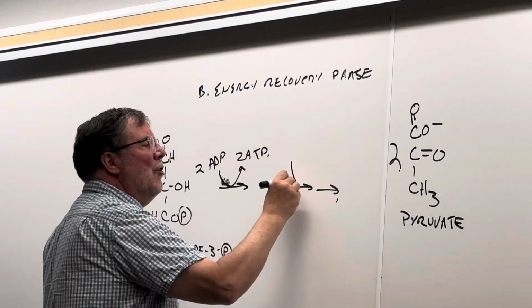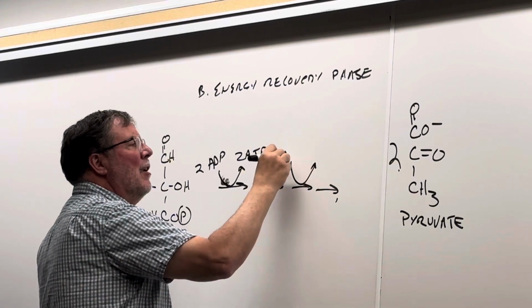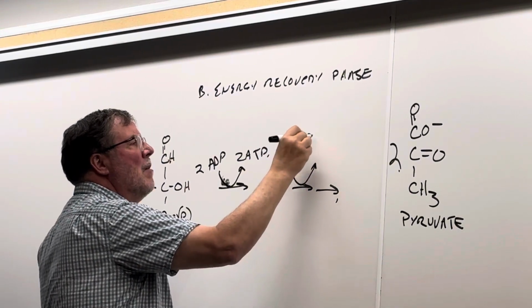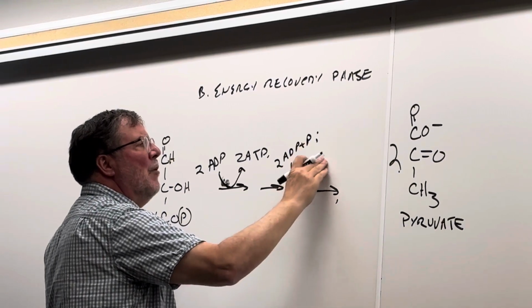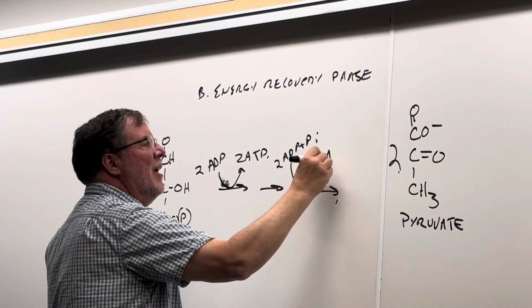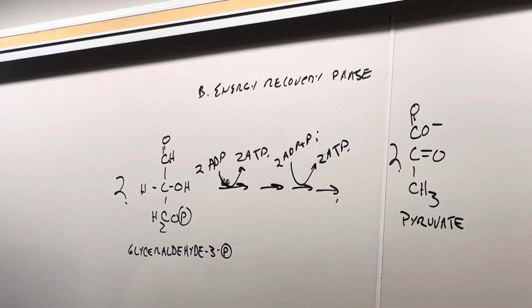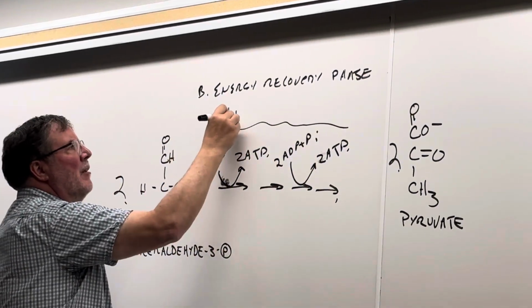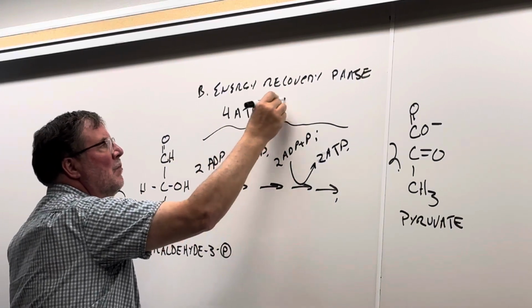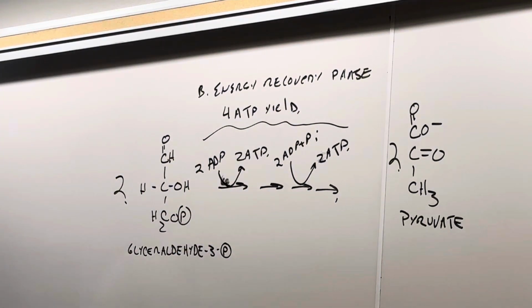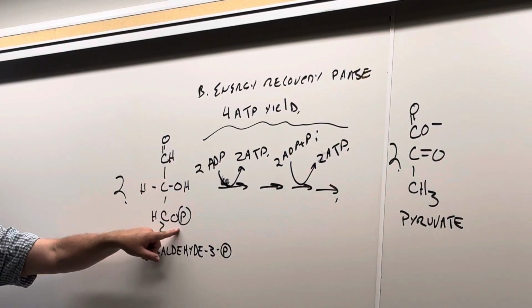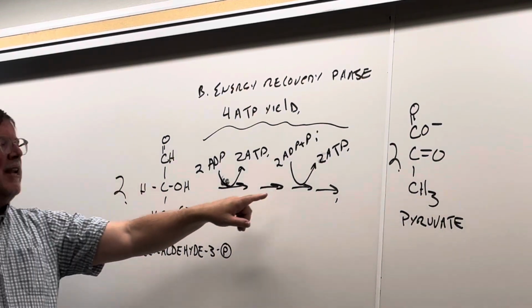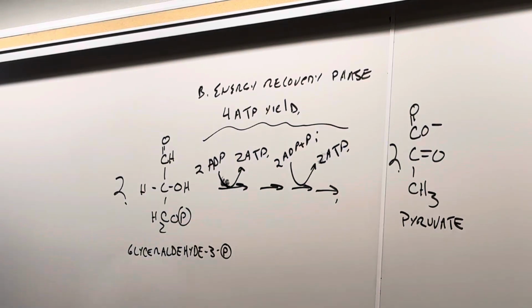The other thing is we're going to use the energy to make another 2 ADP plus Pi to ATP, so that our overall yield in this process is 4 ATP: two from using this phosphate, and then 2 just using the energy to make the ATP.